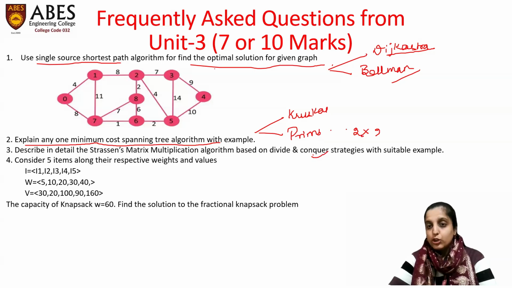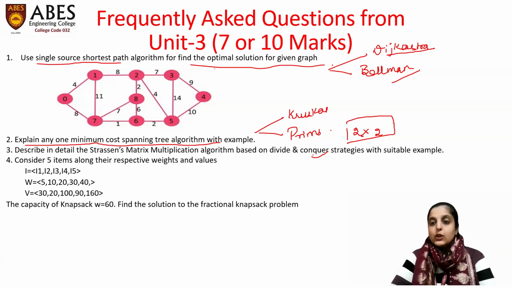Just apply all those formulas that we have discussed in our last videos and solve that numerical. Then write 2 to 3 lines about Strassen's matrix multiplication: why we are using it, what the drawbacks of normal matrix multiplication and divide and conquer strategies are, because of which we jump to Strassen's matrix multiplication.